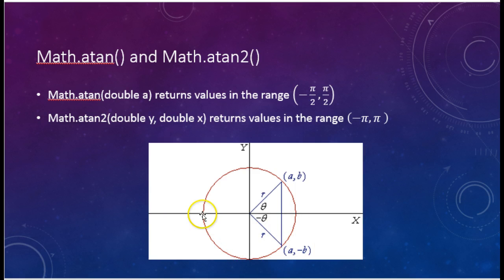If we're below the x-axis, we're going to get a negative angle. We go from the x-axis in a negative direction that way. So with atan2, we can get points on the whole circle. We can get the range from 0 to minus pi, or basically from minus pi all the way around to pi. So we get the whole circle.